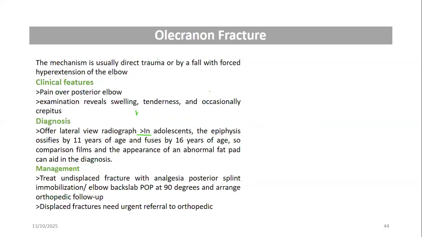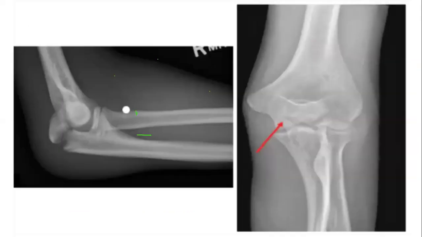Okay, next is the olecranon fracture. That can be isolated or it can be connected with a radial head or other fracture. So what can you see on the X-ray?